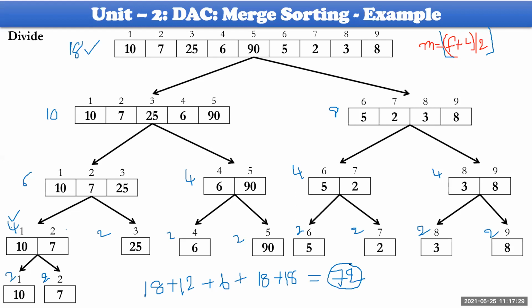That is 18 bytes only. You actually require 18 bytes, but doing the same operation with merge sort, you require 72 bytes. So as far as memory is concerned, merge sort is very, very inefficient. It needs a huge amount of space to perform the operation.